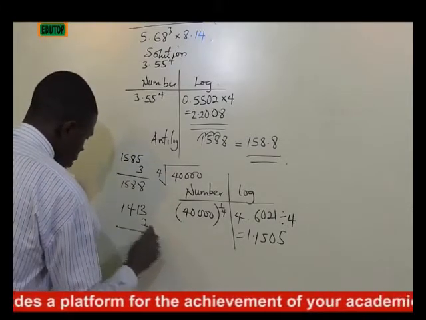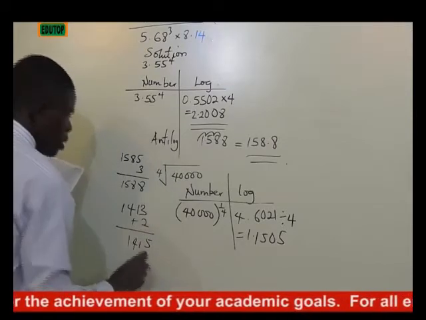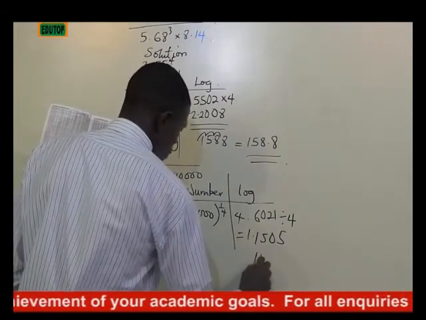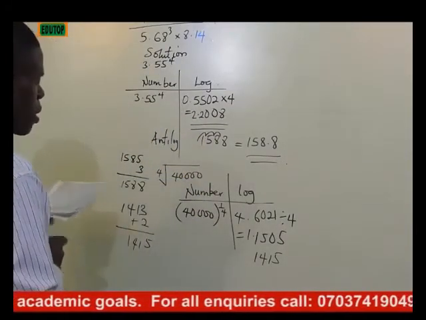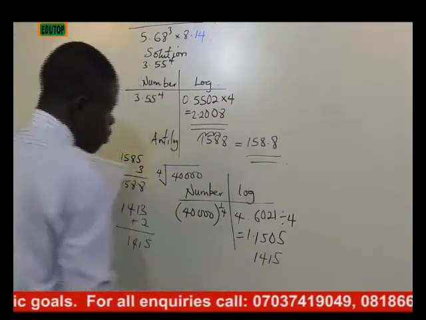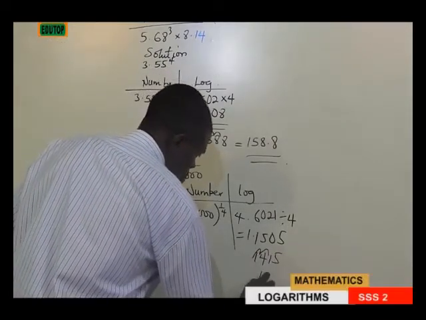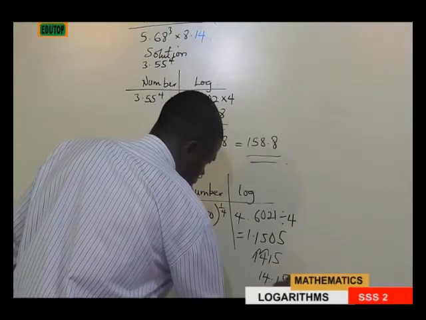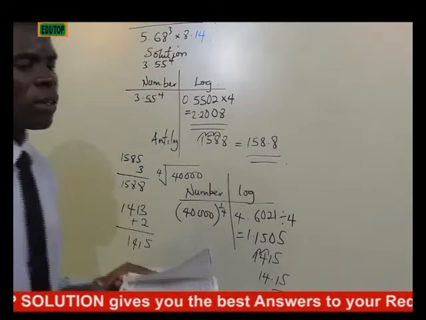So we have 1415. Since the characteristic is 1, it will move 2 places. So the answer will be 14.15.